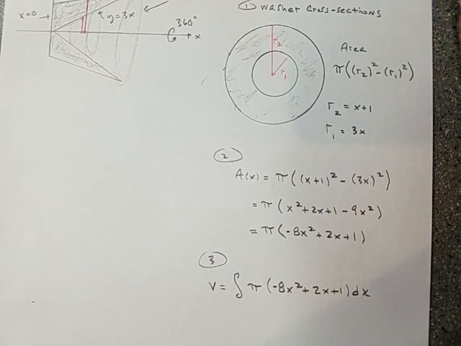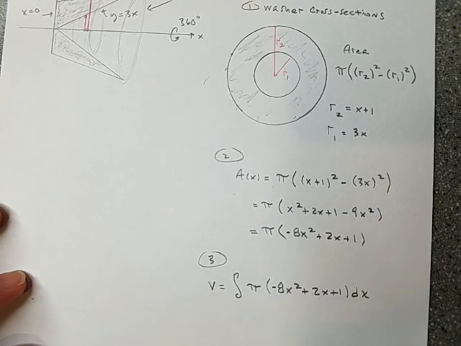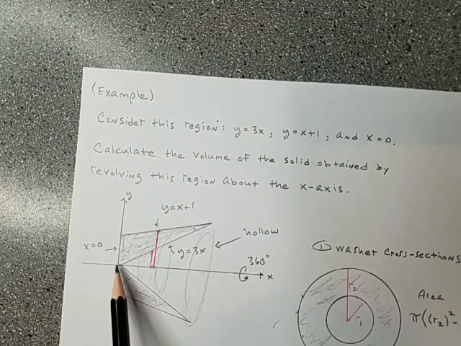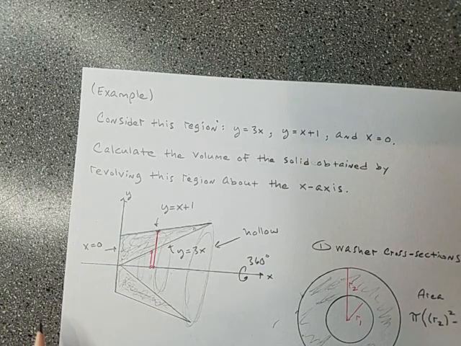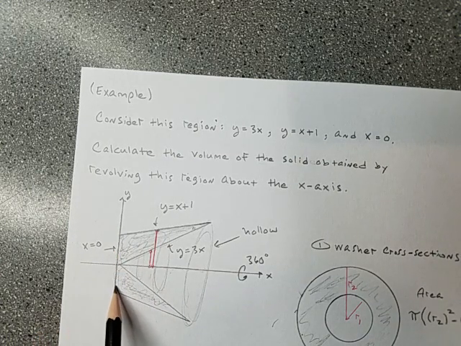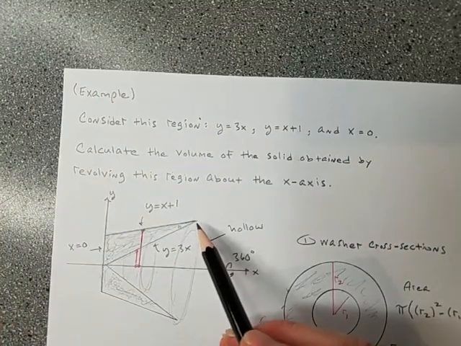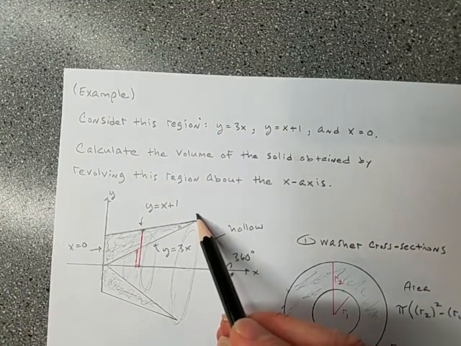Okay, did we forget something? Well, we need to know the bounds of the integral. What are the bounds of the integral supposed to be? The bounds of the integral are the span on the x-axis. Well, okay, so this shape starts at 0. Where does it end?